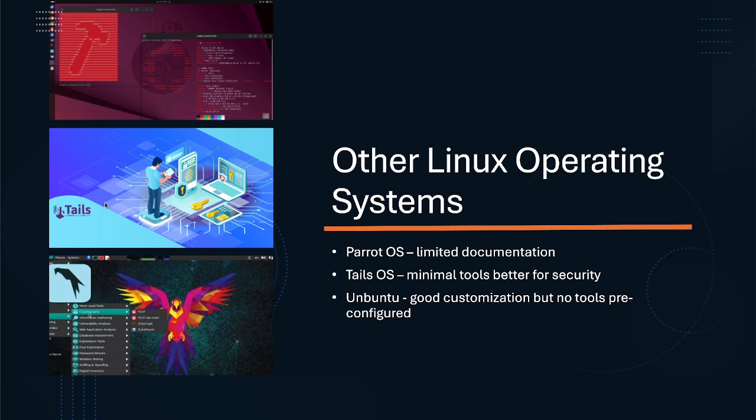Tails OS, it's another great option, but it has minimal tools and is more geared towards security and not forensic investigations. And Ubuntu, as you can see this option right here with the hammer, Ubuntu has amazing customization, but not a lot of pre-configured tools.